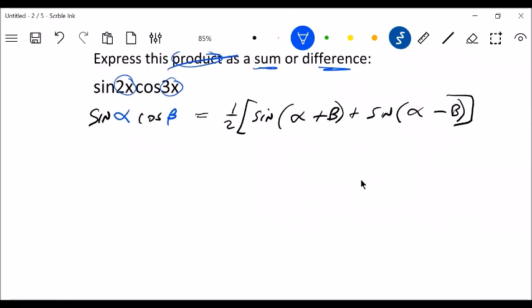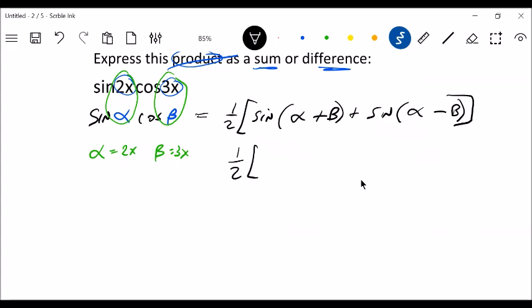All right, what we're going to do now, since we recognize here that alpha is 2x and beta is 3x, in fact, they'll say alpha equals 2x, beta equals 3x, we'll put that in those places here. So our next step is sine, the alpha is 2x, the beta, I'll put those in blue.